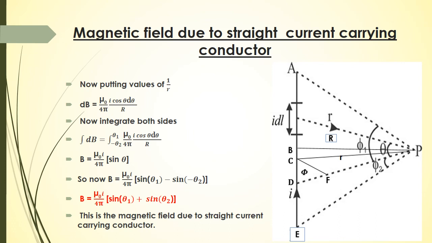There are applications where point P has locations at different points, and because of that the values of magnetic field change. If the conductor we are taking is limited, this is the solution; if the length of the conductor is unlimited, then there are other solutions.